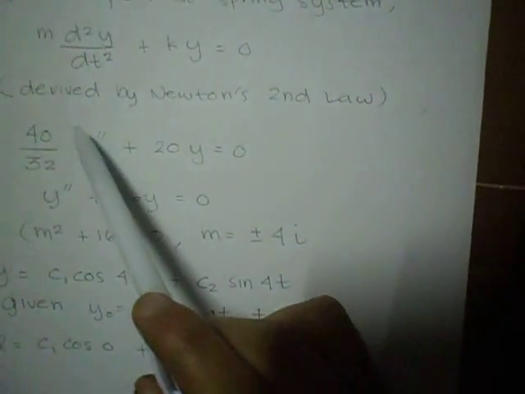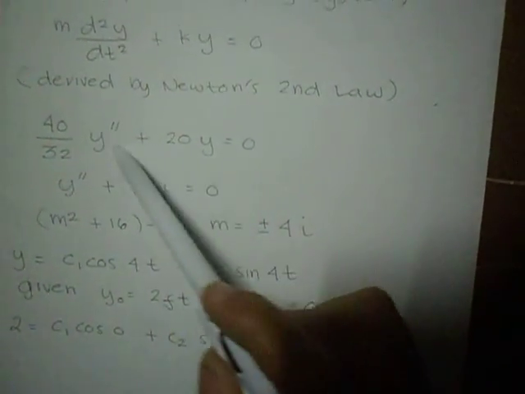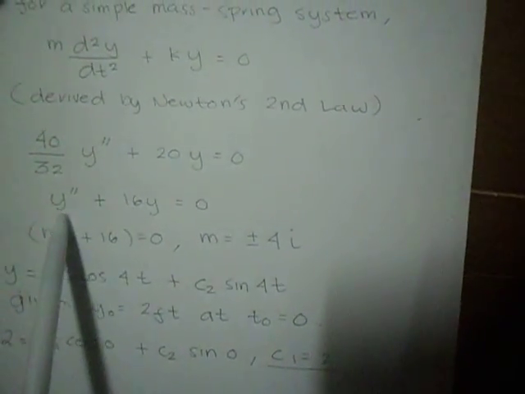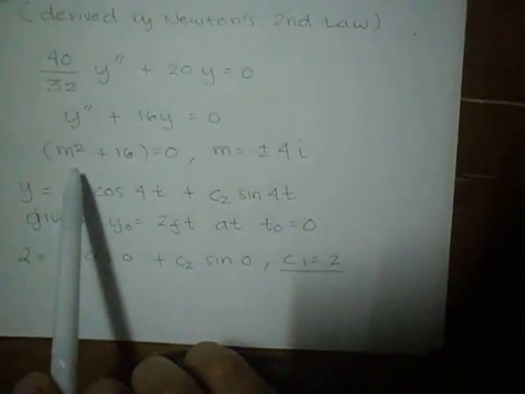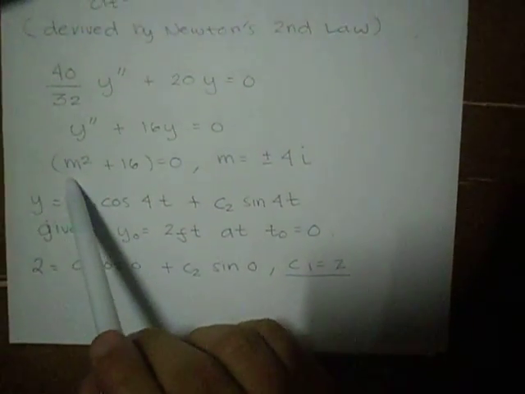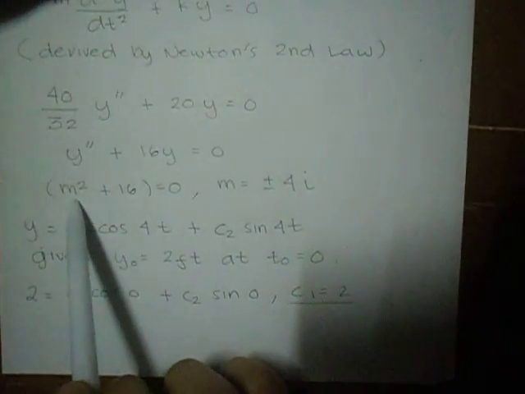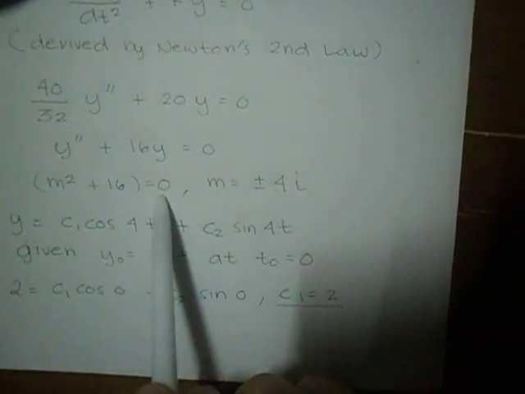You can multiply both sides by the reciprocal of the coefficient of your y double prime, and you will get y double prime plus 16y is equal to 0. You can see here your characteristic equation is m squared plus 16 equals 0.